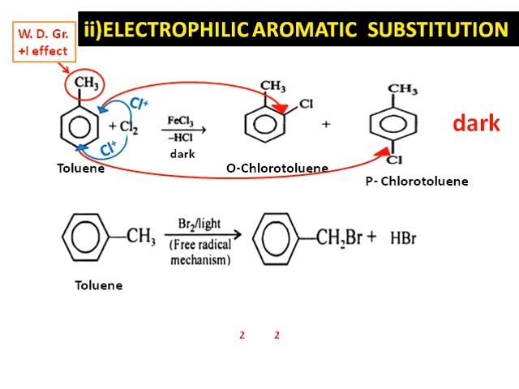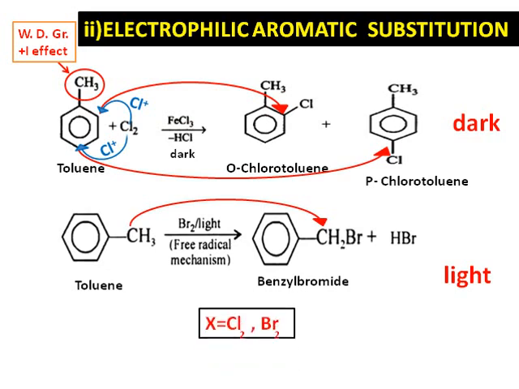So here bromine will attack the methyl group instead of attacking the benzene ring. So we will get benzyl bromide. This reaction takes place in presence of light, and this reaction is possible for chlorine and bromine.